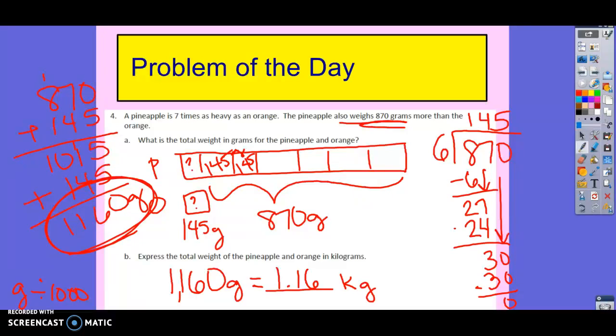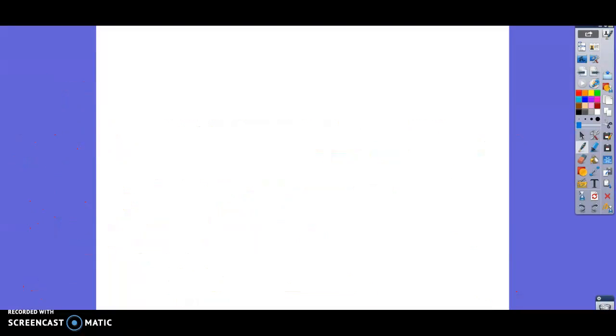The orange weighs 145 grams. Together, the total weight of the pineapple and the orange is 1,160 grams. The total weight of the pineapple and the orange in kilograms is 1 and 16/100 kilograms.